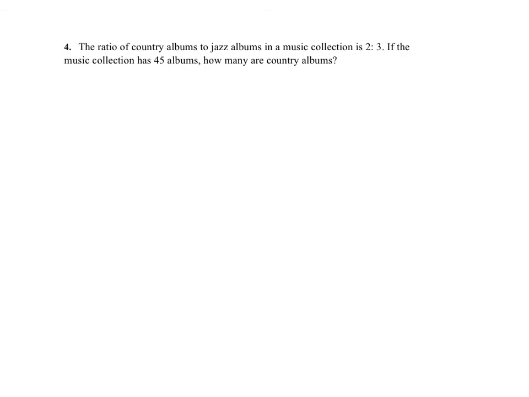Next one, the ratio of country albums to jazz albums in a music collection is 2/3. If the music collection has 45 albums, how many are country albums? In this case, again, I'm going to apply x. So 2x plus 3x equals 45. So 5x equals 45, and I'm going to divide by 5. So x equals 9.